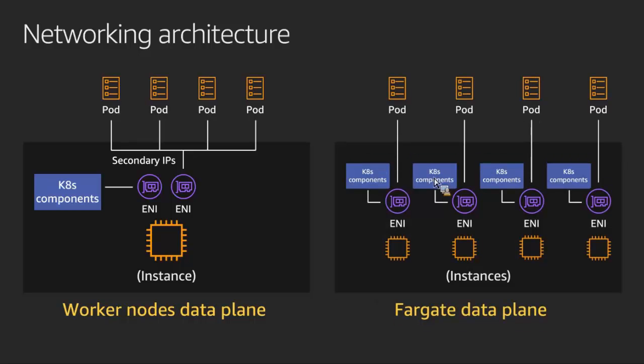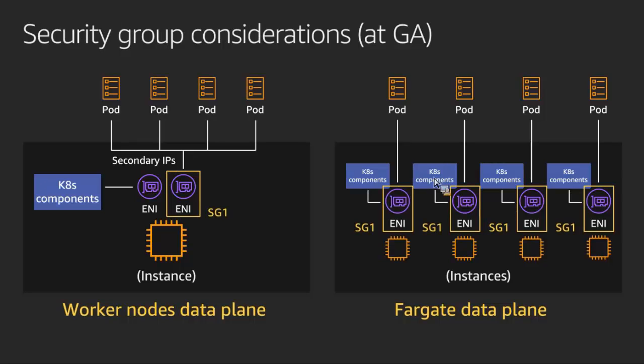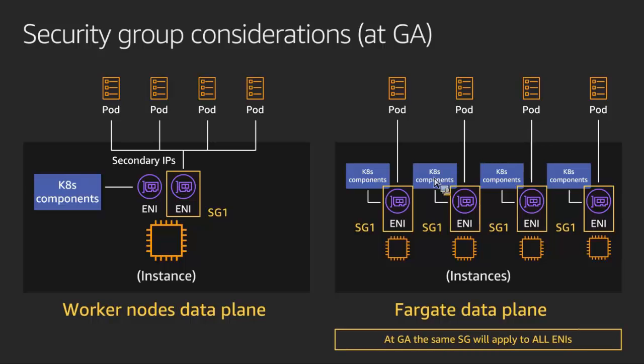With the Fargate scenario, this is what happens. Because every single pod runs on a dedicated VM or micro VM from the Fargate fleet, every single pod has a dedicated ENI attached to that VM or micro VM. One thing to keep in mind is that there is a security group that gets associated to all of those ENIs in the Fargate fleet in my cluster.